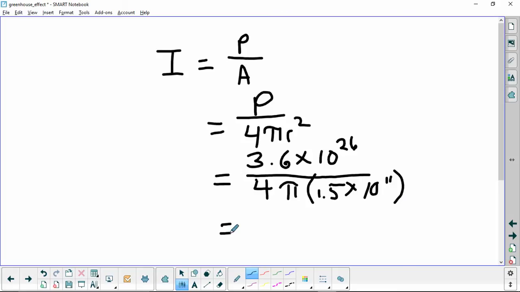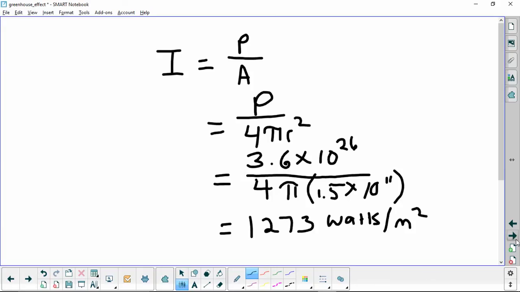And when I solve this out, the intensity of the energy that leaves the sun and makes it to the earth is going to be, no sig figs calculated here, 1,273 watts per meter squared. Now you could tell that the closer we are to the sun, the greater the intensity would be. The further away we are from the sun, the less the intensity from the sun would be. So this is the amount of power per meter squared that is actually hitting our planet from the sun per second.